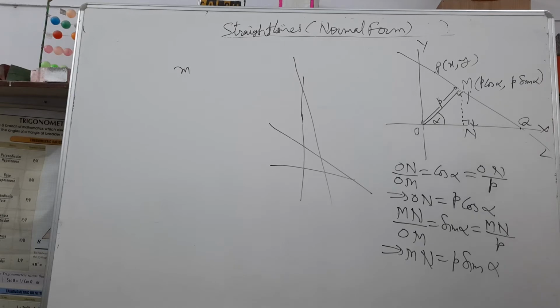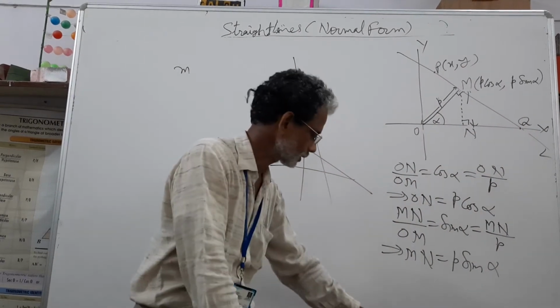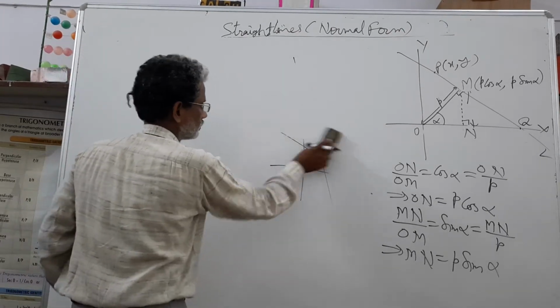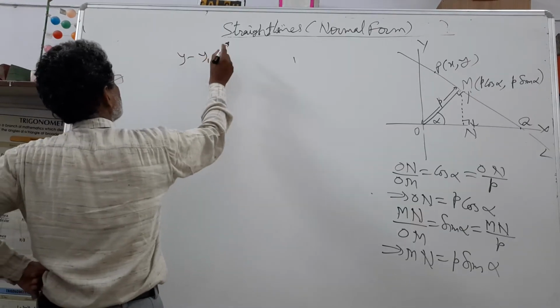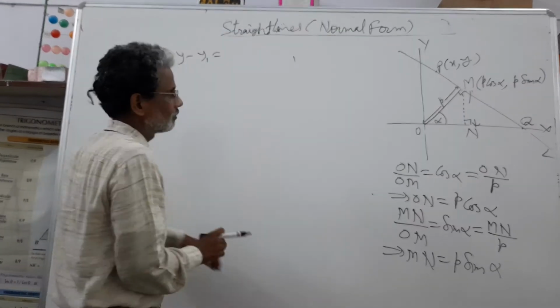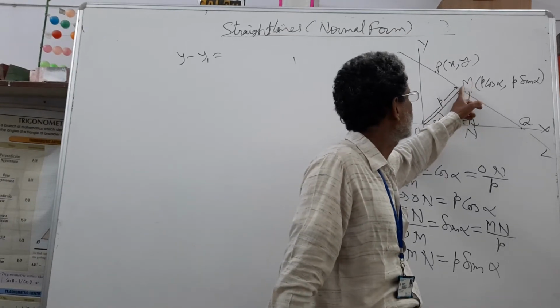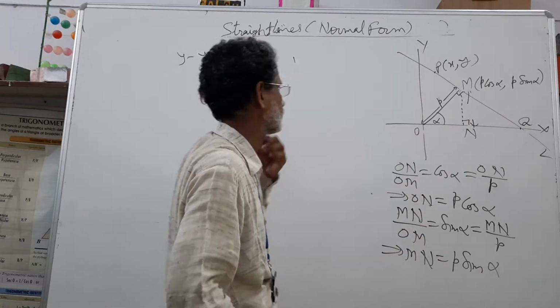Take a general point P(x, y) on the line L. Then, using the formula y minus y1 is equal to m(x minus x1), first of all, we have obtained the passing point (p cos alpha, p sin alpha).